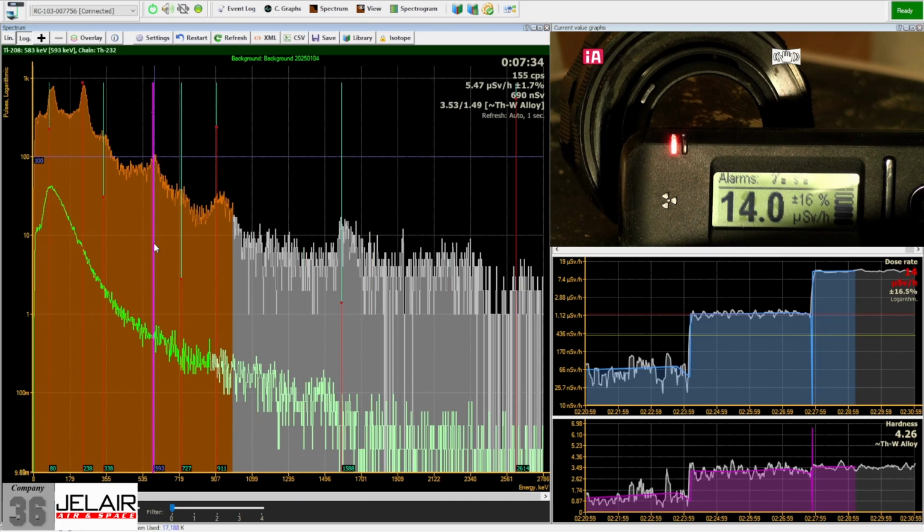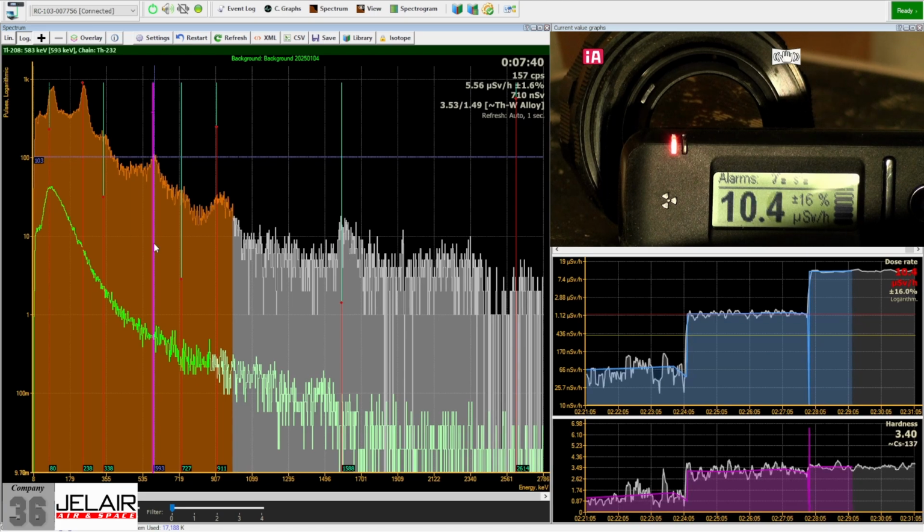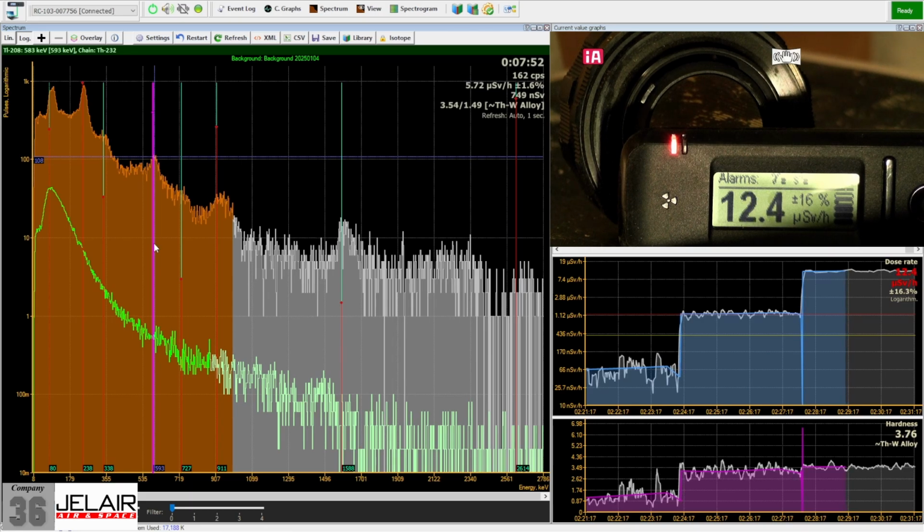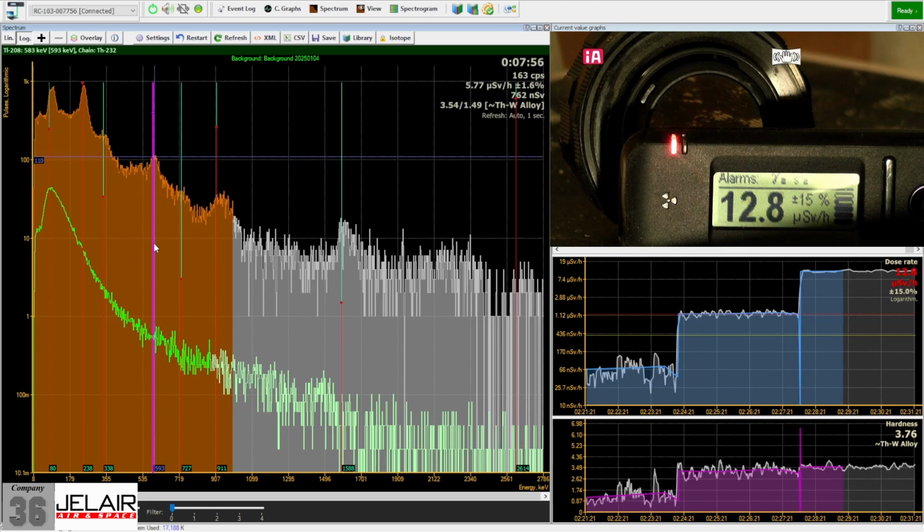And I did use the lens a little bit, not a lot, but I did make some photo experiments with it back when I bought it. I don't know if I have used it enough to attain any real radiation effects from it.